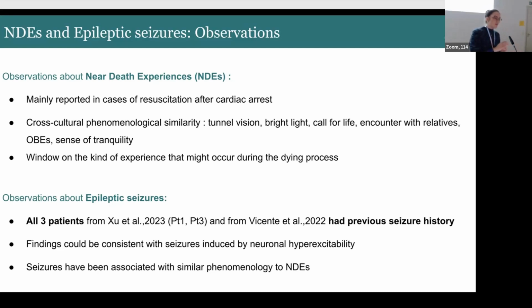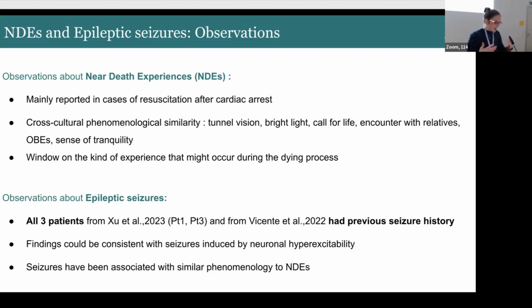There is a remarkable cross-cultural similarity in the phenomenological reports of these experiences, which is really interesting and maybe hints that there might be a neurophysiological signature to these experiences, which we could then maybe relate to other experiences that people can't report. But again, reverse inference is a difficult thing.